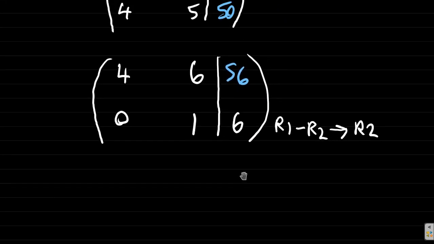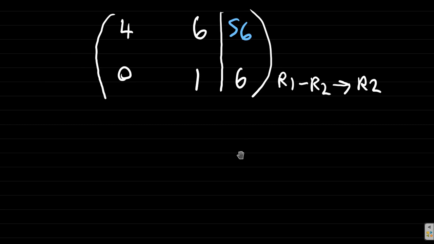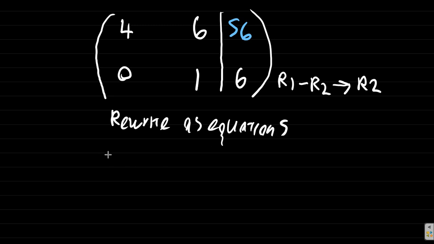Now, since we have a row with only one unknown, we can easily get what the answer is. So let us rewrite it as equations. So this is 4x plus 6y equals 56.